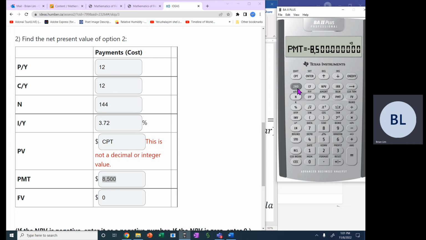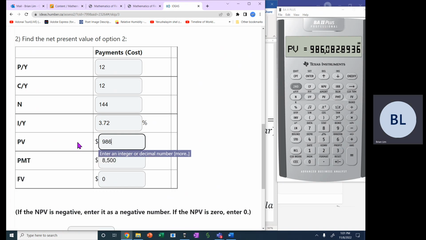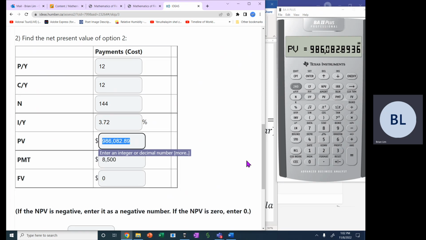Yes, that would be consistent with the way we designate positive or negative for payment. So the present value turns out to be 986,082.89. But this is not the only cost.